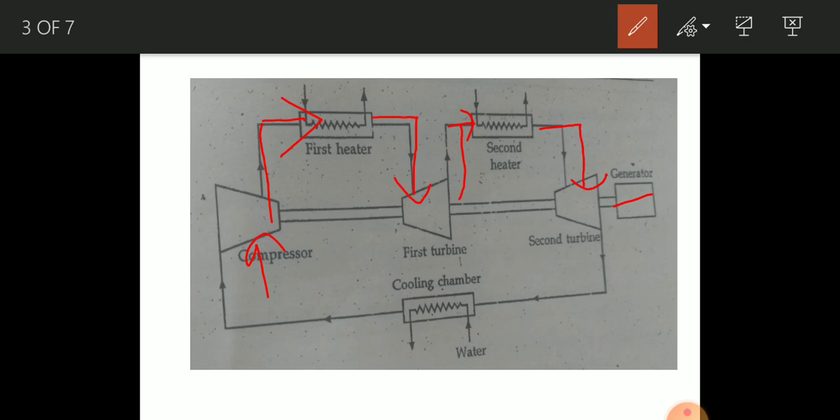Whatever remaining air is there will be passed through the cooling chamber and cooled, and once again passed through the compressor, and the same air will be used during the entire process in a loop. This is the simple explanation of the gas turbine with reheating.